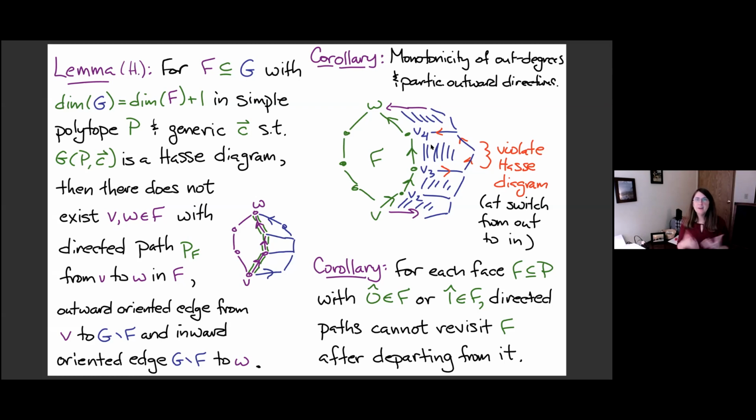And in fact, that basically buys you spindles, because in spindles, at least if you picked a cost vector where the two key vertices of your spindle are the source and the sink, every facet would contain either the source or the sink. And so that gets you the non-revisiting property, or that shows that spindles cannot possibly satisfy our hypotheses.